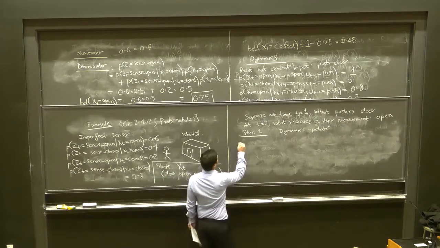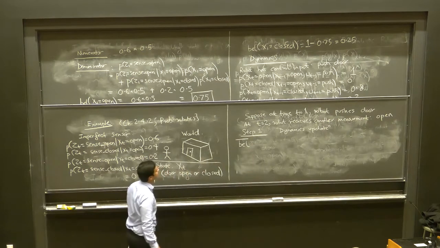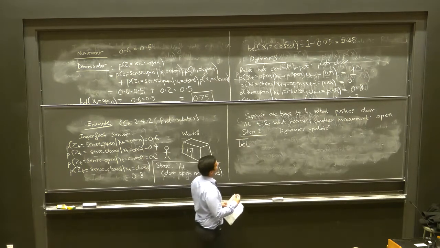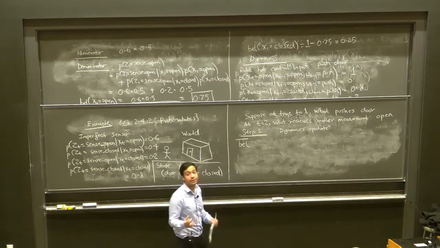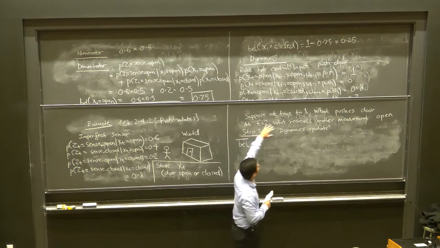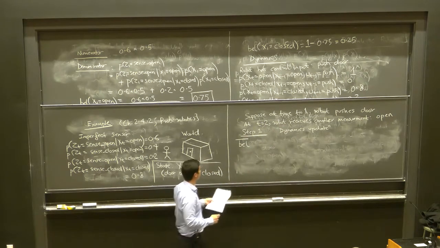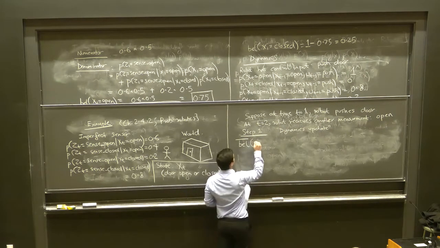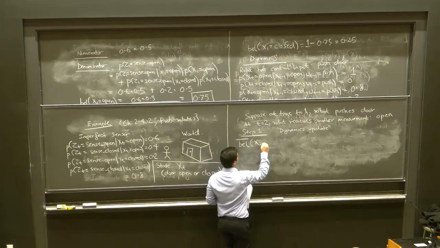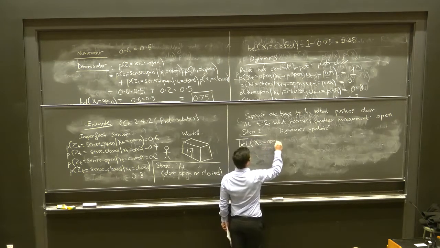That updated belief, we're going to denote with a bar. Belief bar is what happens when we update our belief given just the knowledge of the dynamics, not taking into account yet the new sensor measurement that the robot receives at time step 2. So belief bar that the state of the door at the second time step is open.